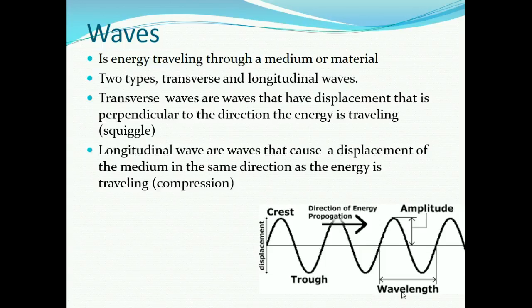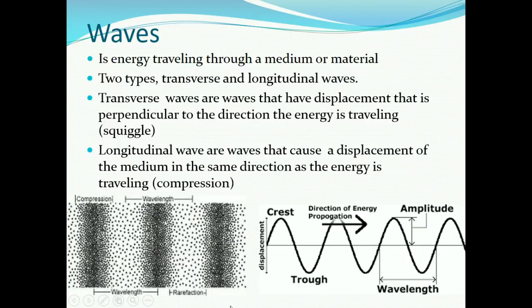Longitudinal waves are waves that cause a displacement of a medium in the same direction as the energy is traveling. So it's basically a compression like an accordion. The most common type of longitudinal wave is a sound wave. As sound travels through the air, it's compressing the air particles. Here, notice we have a compression, and this is the rarefaction where it's not really compressed, it's all spread out.